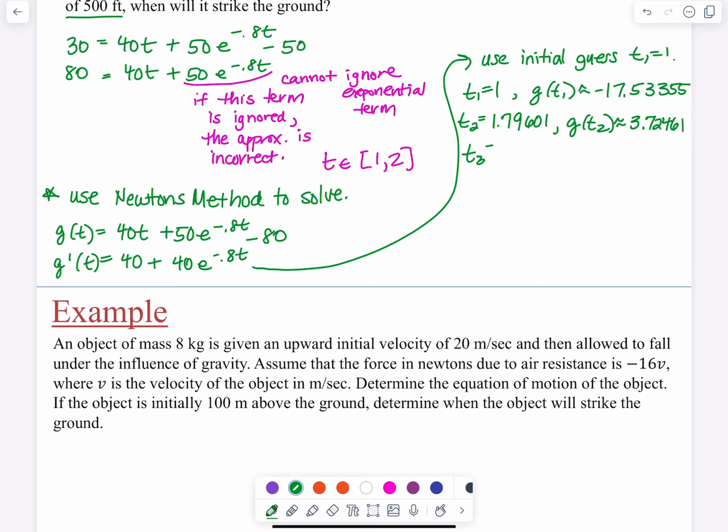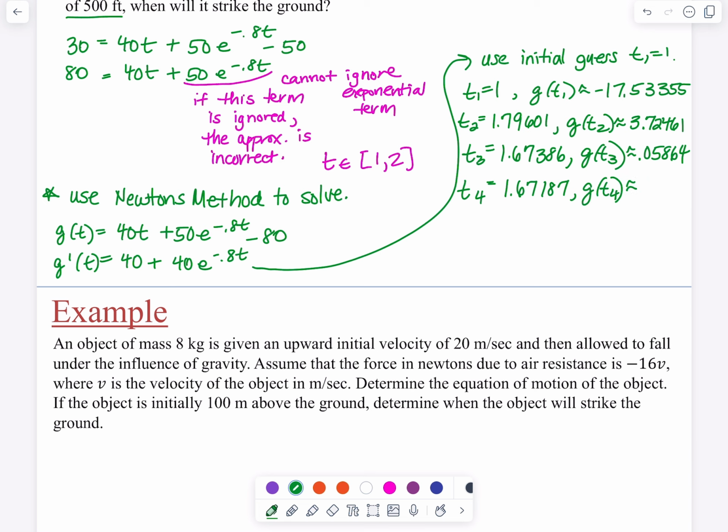And t3 equal to 1.67386, giving us g of t3 approximately 0.05864. So we are getting closer. We come up with t4 to be 1.67187, and that gives us g of t4 approximately 0.000017.